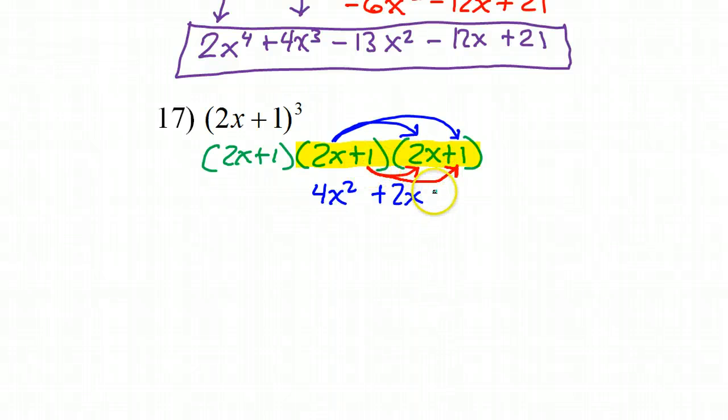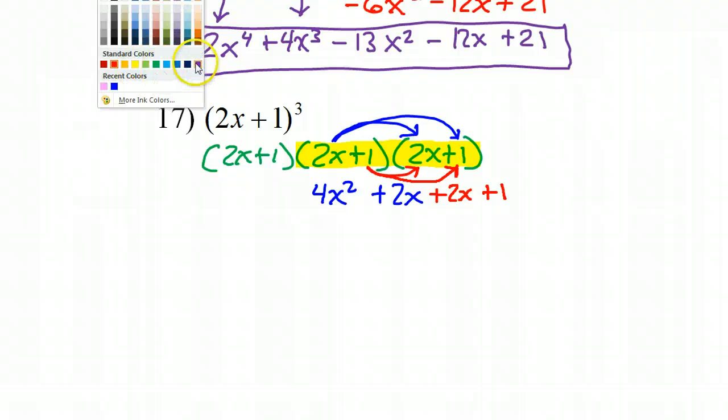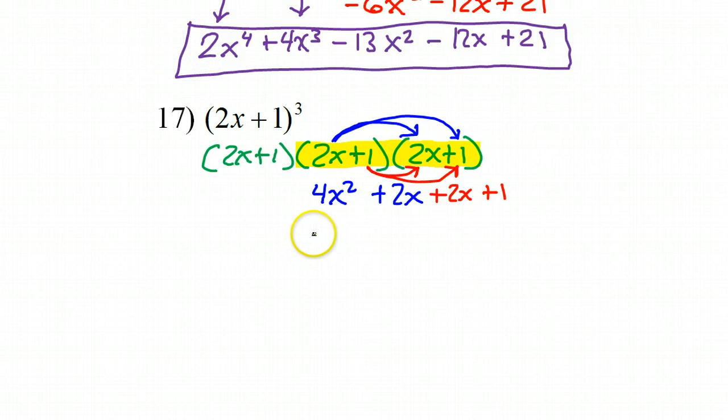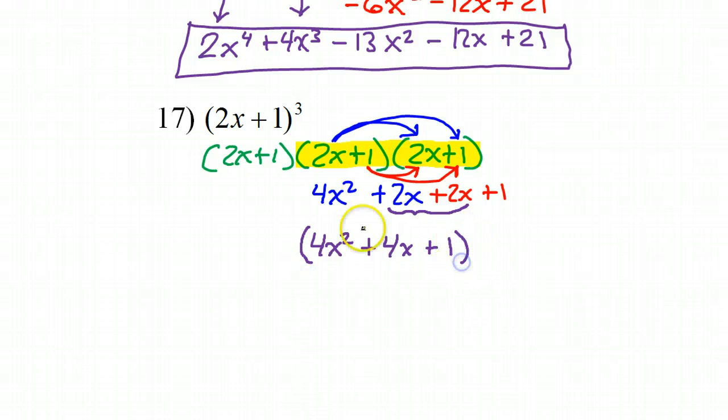All right, 1 times 2x is 2x. 1 times 1 is 1. If I put these together, all right, I'm going to get 4x squared plus 4x, plus 1. Okay, I get this trinomial out of it.